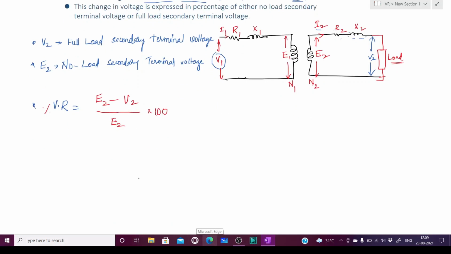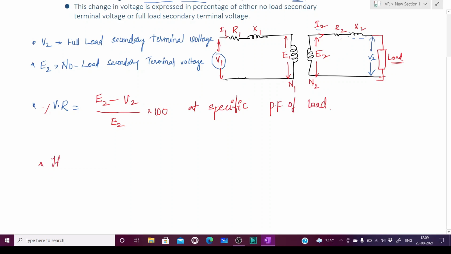This is at a specific power factor of the load. Here we have regulation down and regulation up.